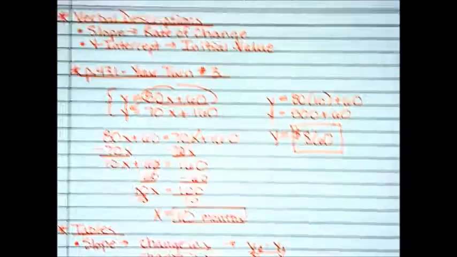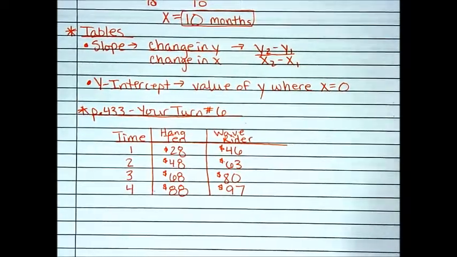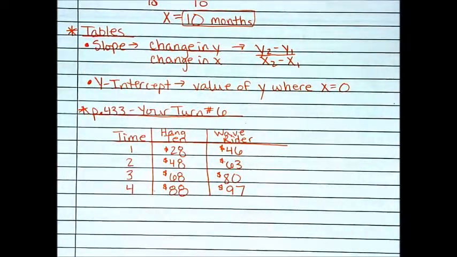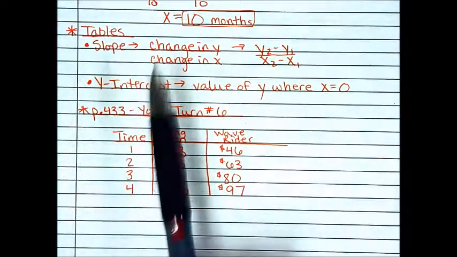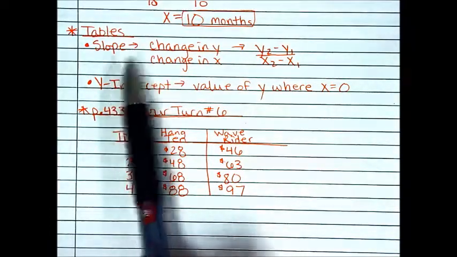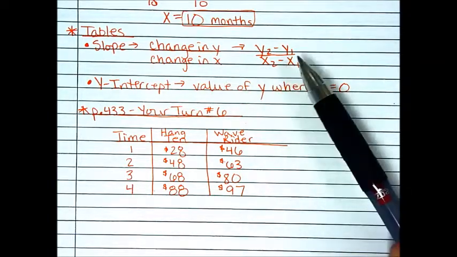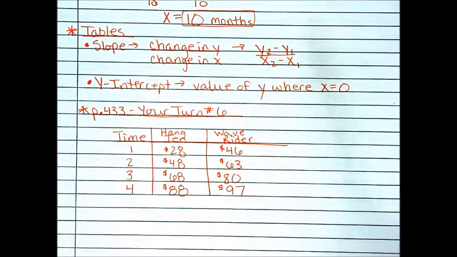Okay, so let's take a look at how we would deal with tables. So I'm going to give you guys a second to get this down. If you have problems today that are tables, you're also going to need to be able to look at those tables and figure out how to write your equations. So you're going to have to be able to pick out slope and y-intercept. So from a table, it might be helpful to remember that to find slope from a table, you can either think of it as change in y over change in x, or y2 minus y1 over x2 minus x1.